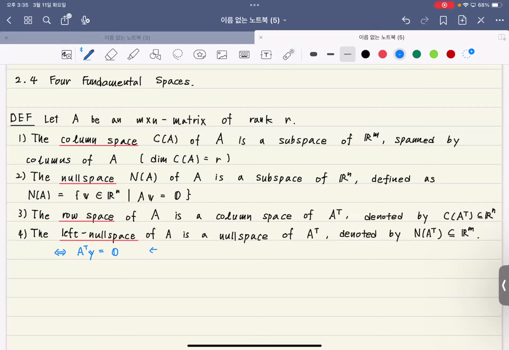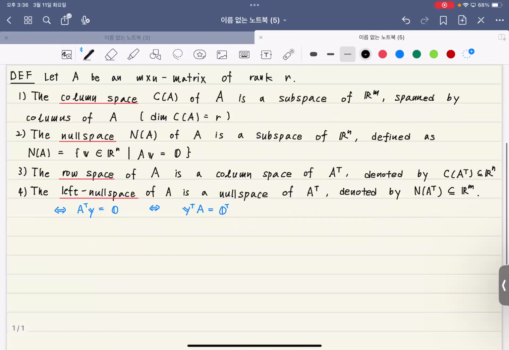But taking the transpose of everything, you can understand the left null space like this: the left null space is a collection of all row vectors y^T such that multiplied by A on the left equals 0. The collection of all such vectors is called the left null space of A. Okay, so this is the left null space.